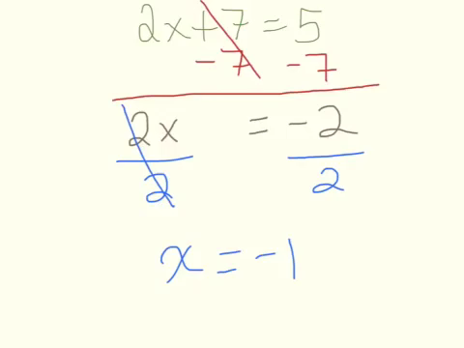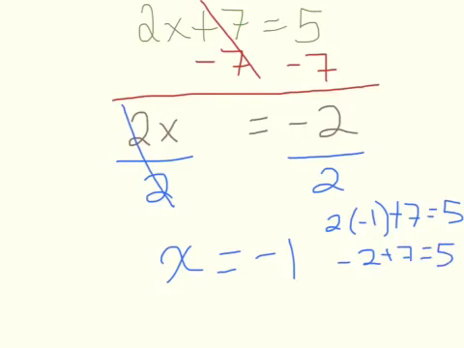So if I were to do that, I would do 2 times negative 1 plus 7 equals 5. 2 times negative 1 is negative 2 plus 7 equals 5. Negative 2 plus 7 does equal 5, so that checks. So your answer is correct. Let's look at another one.